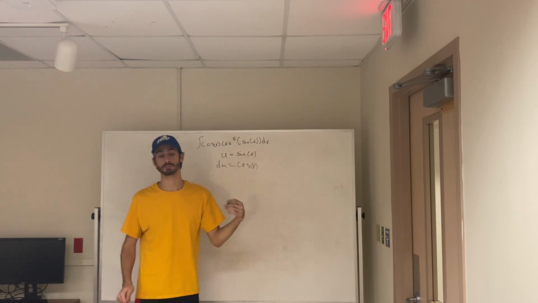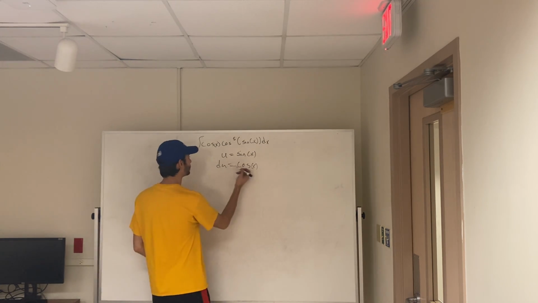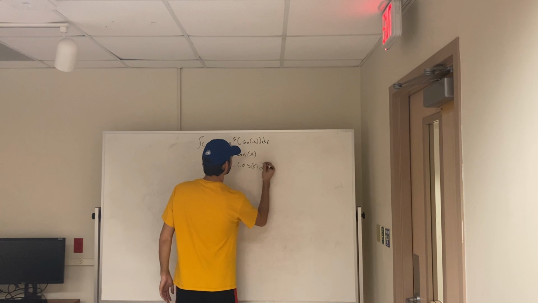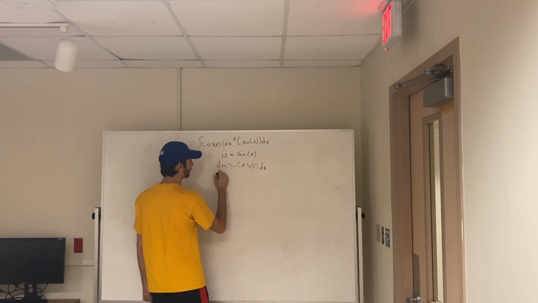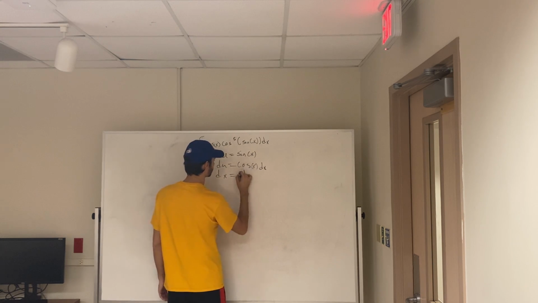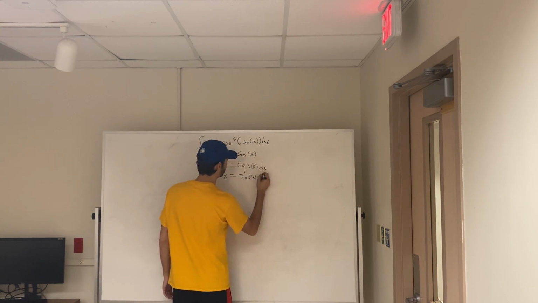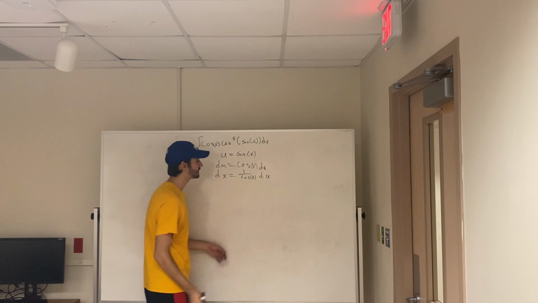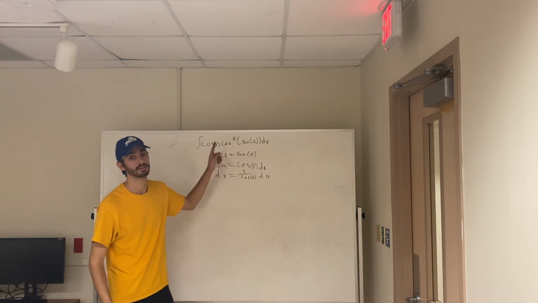We need to have the same variables in the equation. So we need to solve for dx. We're going to do that by just dividing by cosine, which is going to give us 1 over cosine x du. And this is what we're going to use to plug back into the equation.